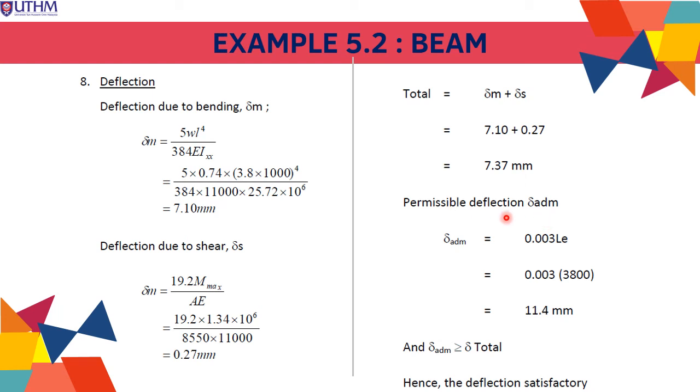The permissible deflection is 0.03 LE and the answer is 11.4 millimeter. Since our permissible deflection is more than our total deflection, our deflection is satisfactory.